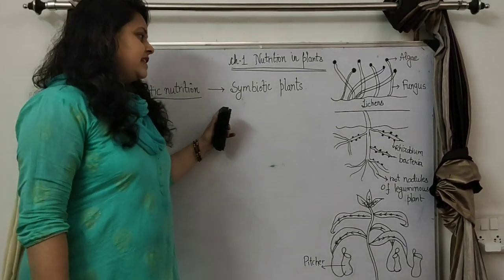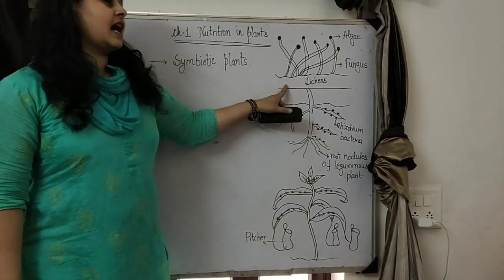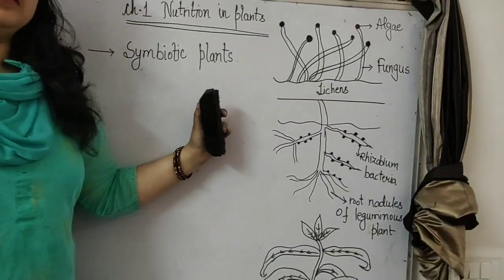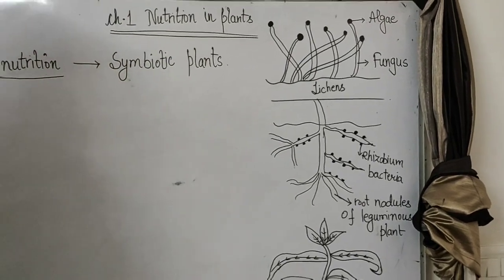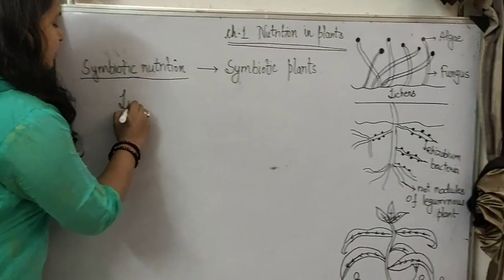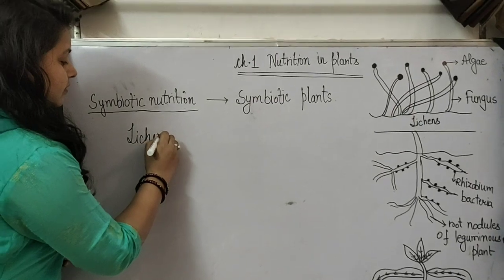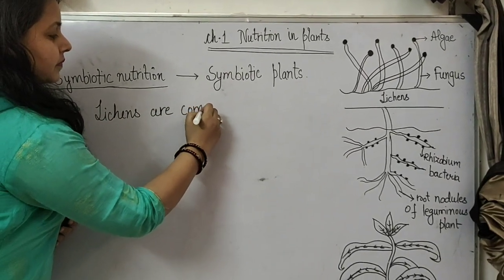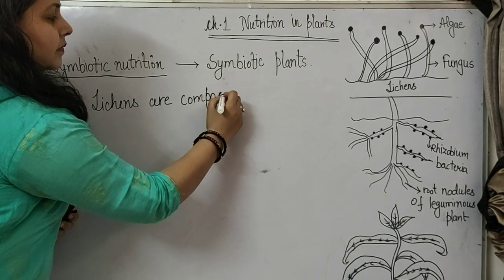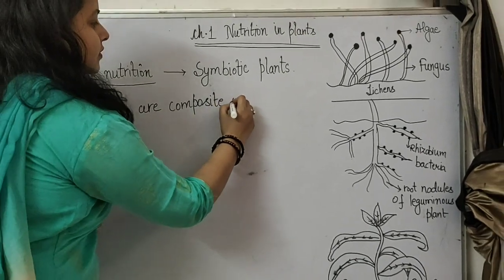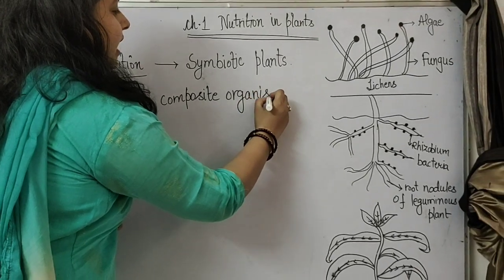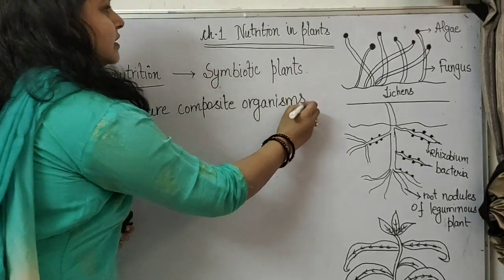See, for example, lichens are symbiotic plants. And lichens are what? Composite organisms. That means they have two partners.